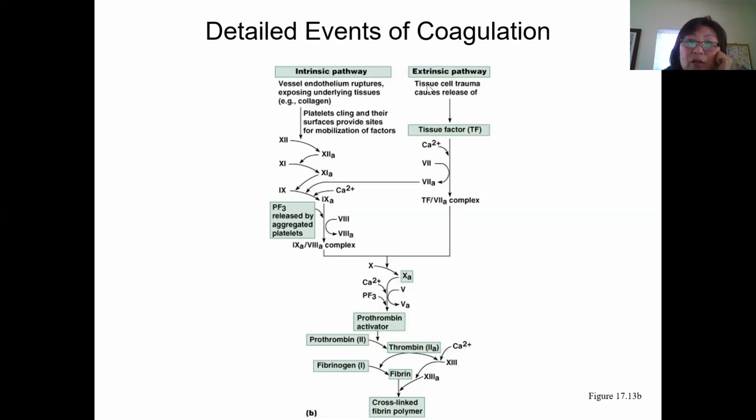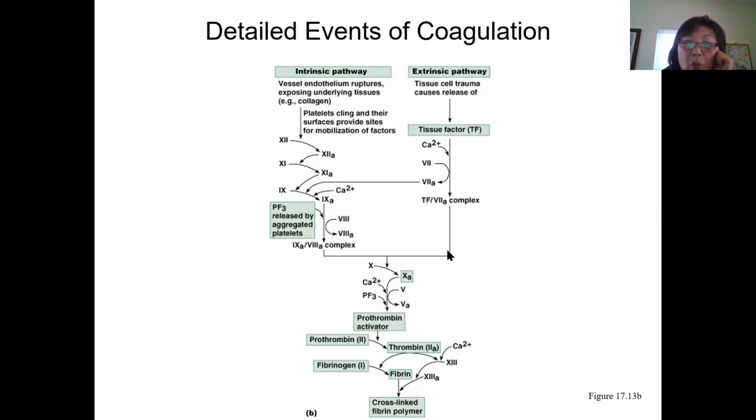If you compare this to the extrinsic pathway on this side, this one involves factors outside of the blood vessels. So if you have damage that not only cuts the blood vessels but also the surrounding connective tissue and muscle tissue, you're going to trigger the extrinsic pathway. Fewer steps are involved, so the extrinsic pathway is a faster and stronger pathway, okay?